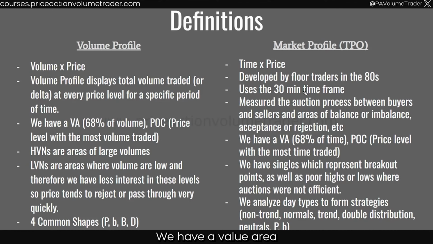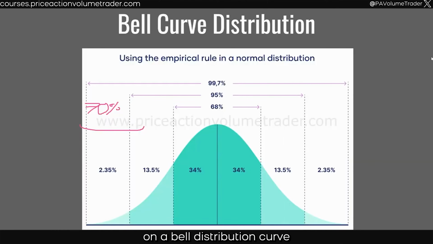We have a value area, which I always set to 68% of the volume. Most platforms by default put 70%, but I like to use 68% because this is based on a bell distribution curve, which applies to almost anything in science and nature.